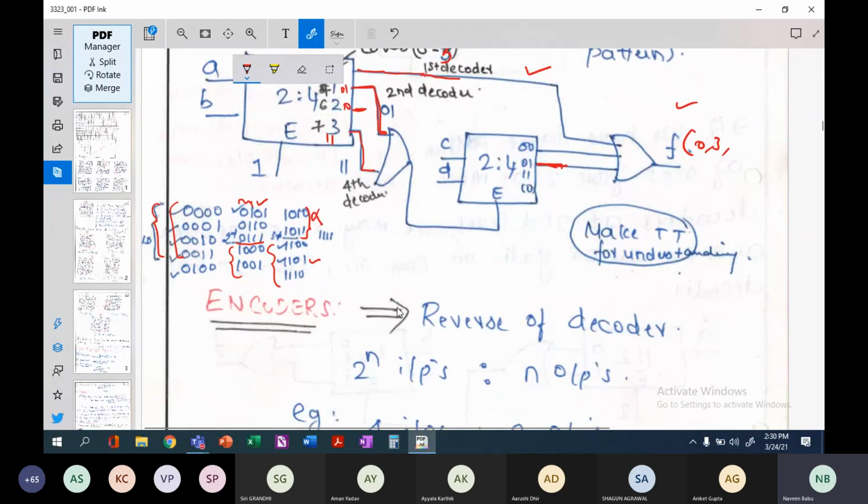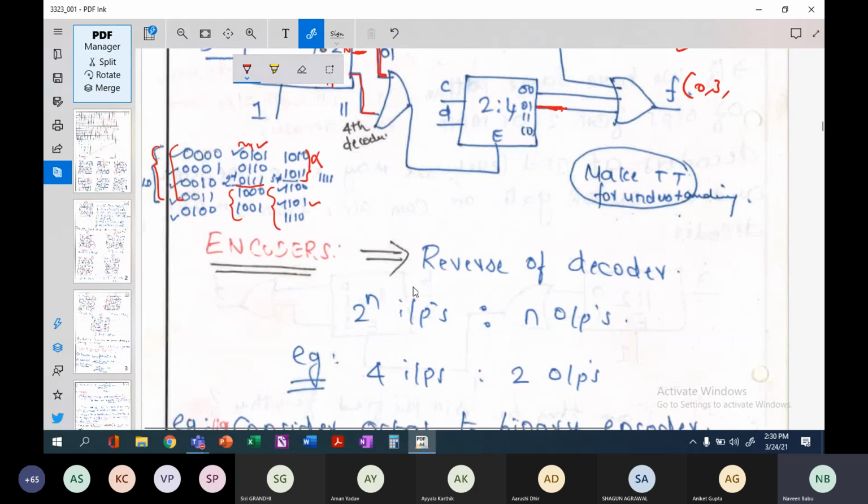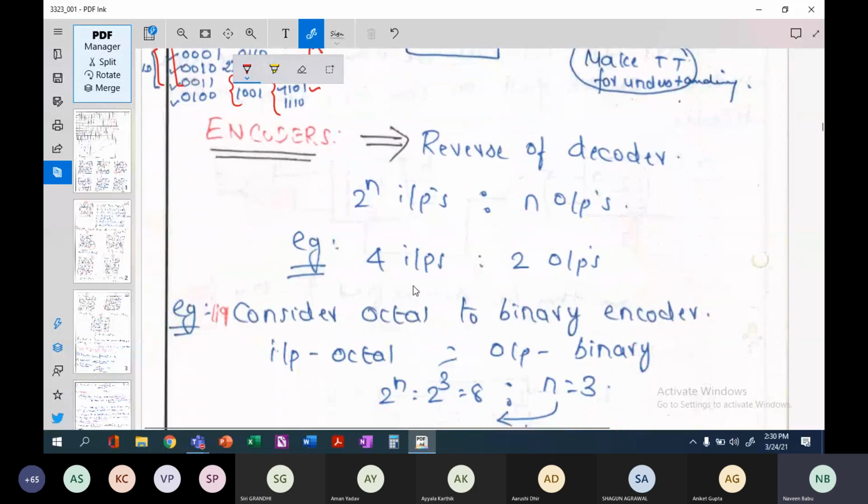Okay. Now let's move on to encoders. Now encoder is completely the reverse of a decoder. What is the reverse of a decoder? Decoder had n number of inputs and 2 power n number of outputs. If we have two inputs, then we have four outputs.